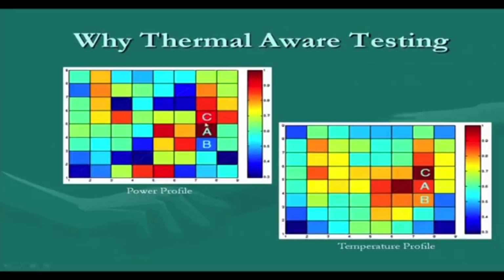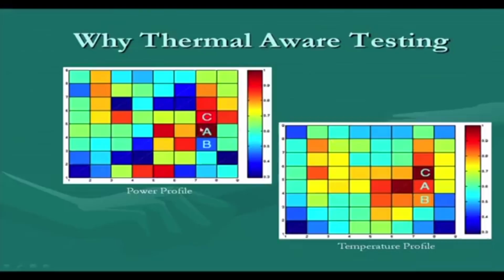Now, if a block is surrounded by hotter blocks, then naturally it is expected that it will not be able to remove its heat easily. As a result, its temperature will be higher than a block that is surrounded by blocks whose temperatures are not that high. That block will be able to transfer a good amount of its heat to its neighbors, and as a result it will not be that much heated.